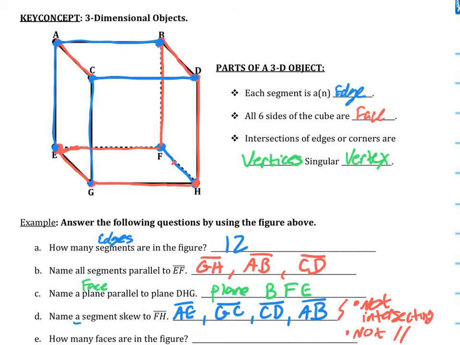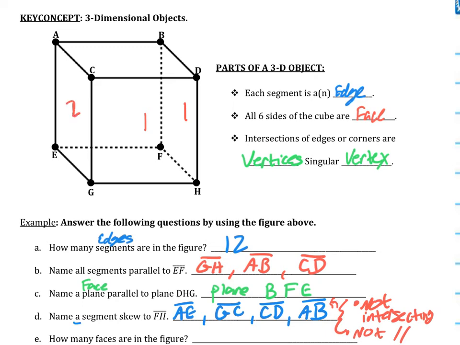Okay. So now it's asking us how many faces are in this figure. For that, we just want to think about this like a box, right? How many faces does a box have? We have one here in the front, one on the right, one on the left.